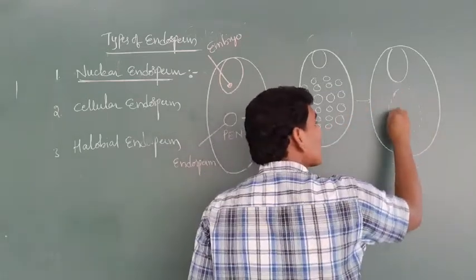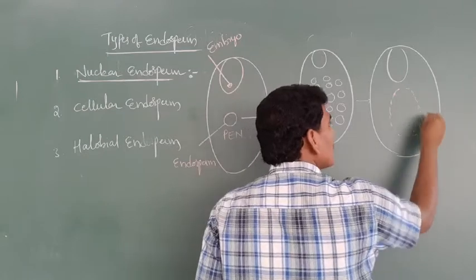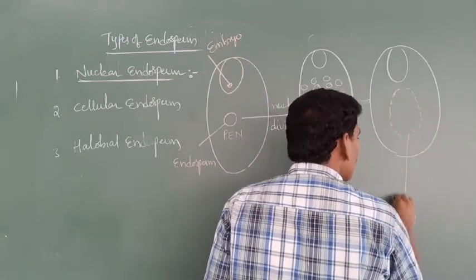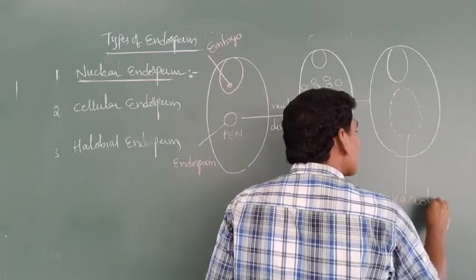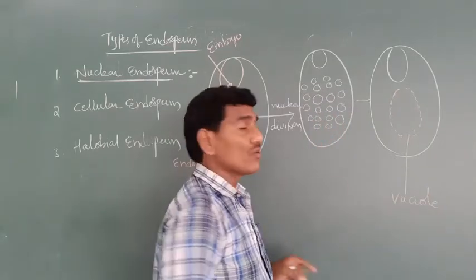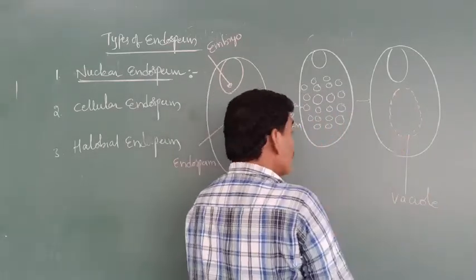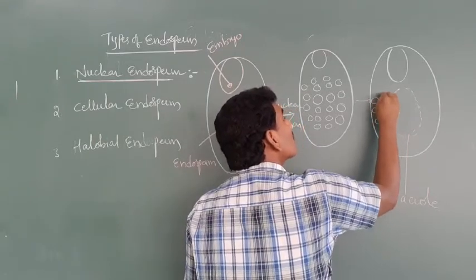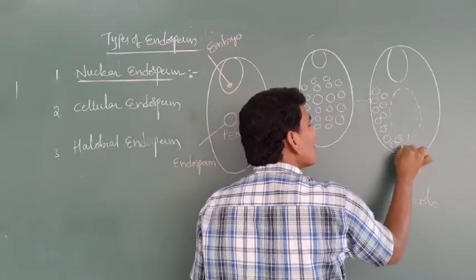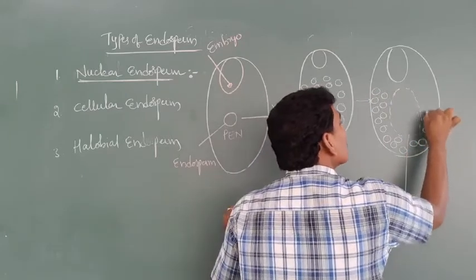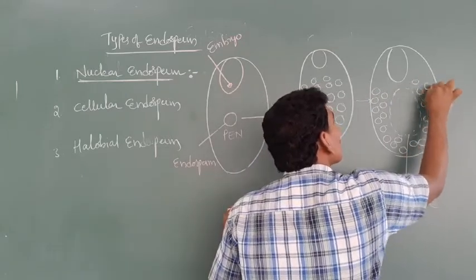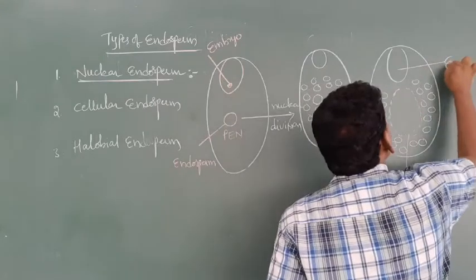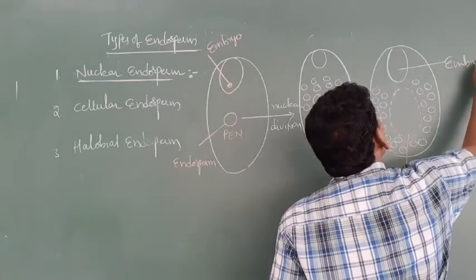This is nothing but a vacuole. Due to the presence of the large central vacuole, the nuclei are moved towards the periphery. This is nothing but nuclear division. This is the embryo.